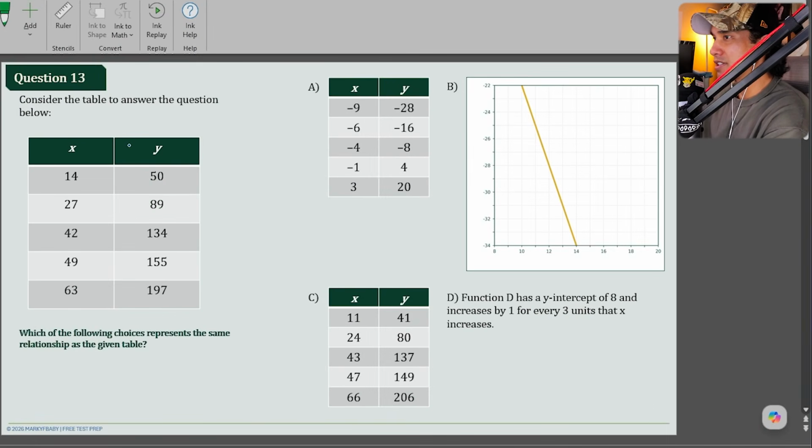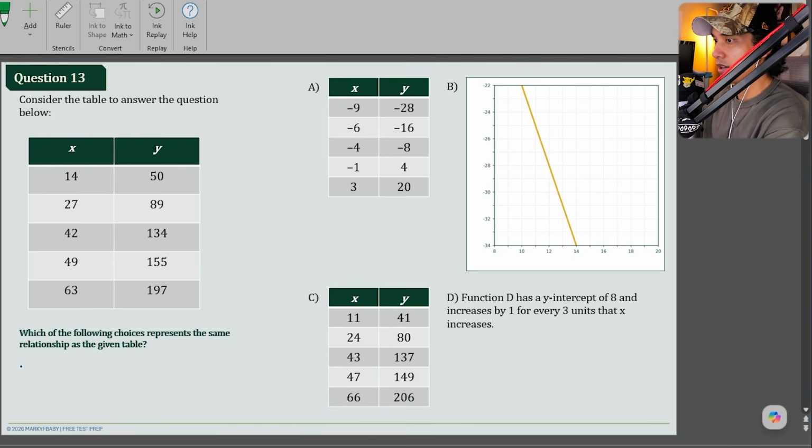Okay, consider the table to answer the question below. And again, step 1, find the change of y over the change of x. Then step 2, we are going to find the y-intercept.